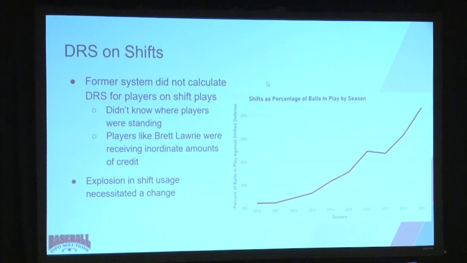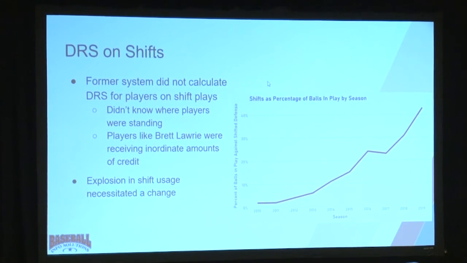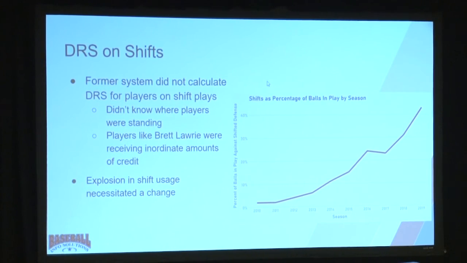I'll do that here. Back in 2012, there was what we called the Lowrie problem. Brett Lawrie, who was a third baseman for the Toronto Blue Jays, would often be positioned in short right field in a shift, which is a little more common nowadays to see. But back then, he was pretty much the only third baseman doing that. Consequently, he was making outs on balls hit into short right field that no other third baseman could possibly make.